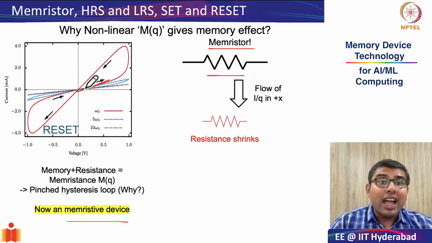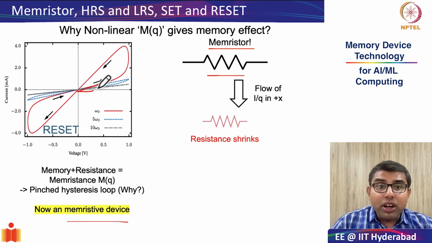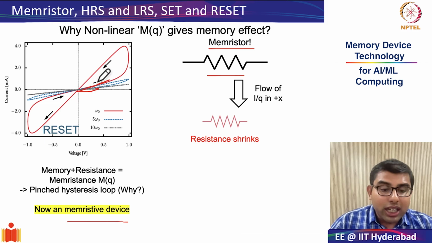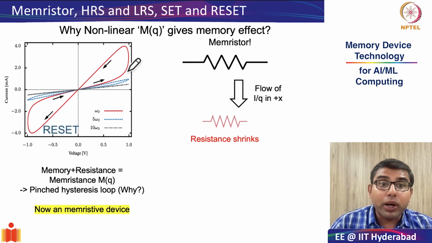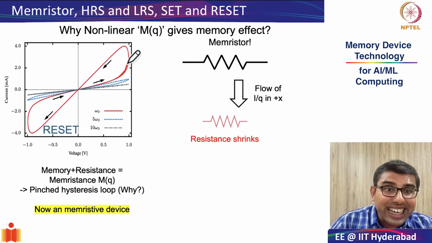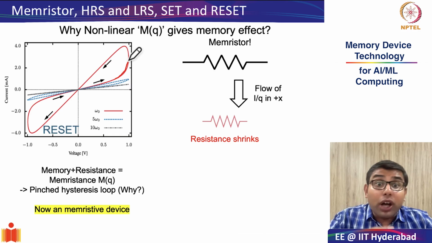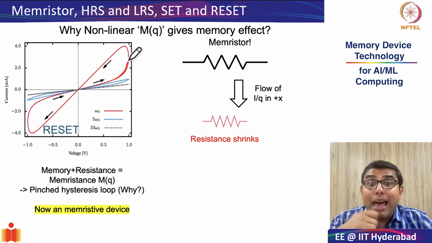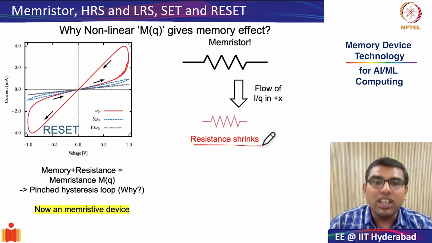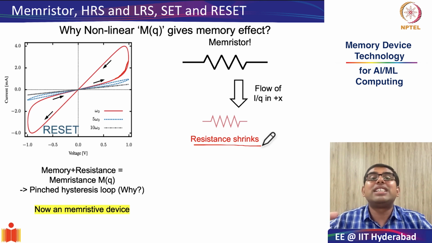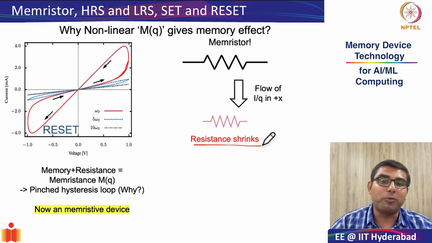When you flow current or charge in the positive X direction, if the resistance had to remain the same, this would be a linear line. But as you can see, as voltage increases, the current is increasing. What does that mean? If current is increasing, dynamically the resistance is changing, the resistance is shrinking, becoming smaller and smaller.